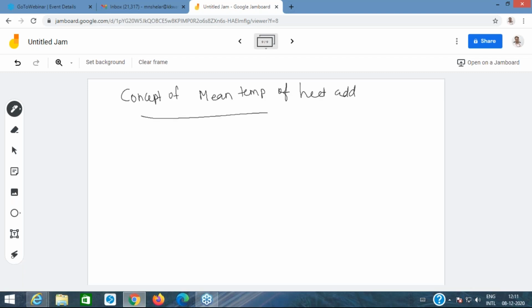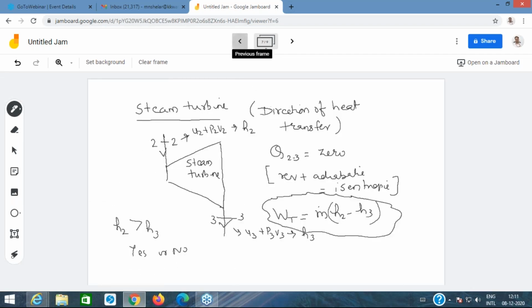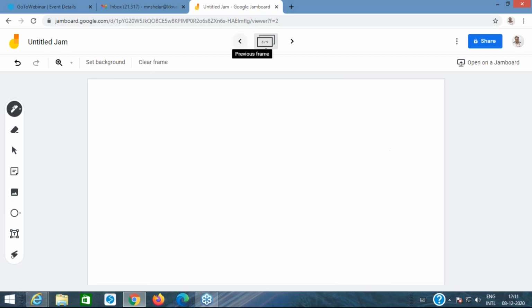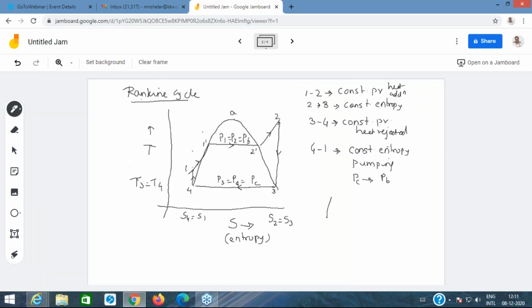Look at the temperature entropy diagram which we have drawn. What happens to the temperature during heat addition? You'll find that the temperature during heat addition increases. So T mean is a representative temperature which would replace all these four temperatures, that is T1, T1 dash, T2 dash, and T2.